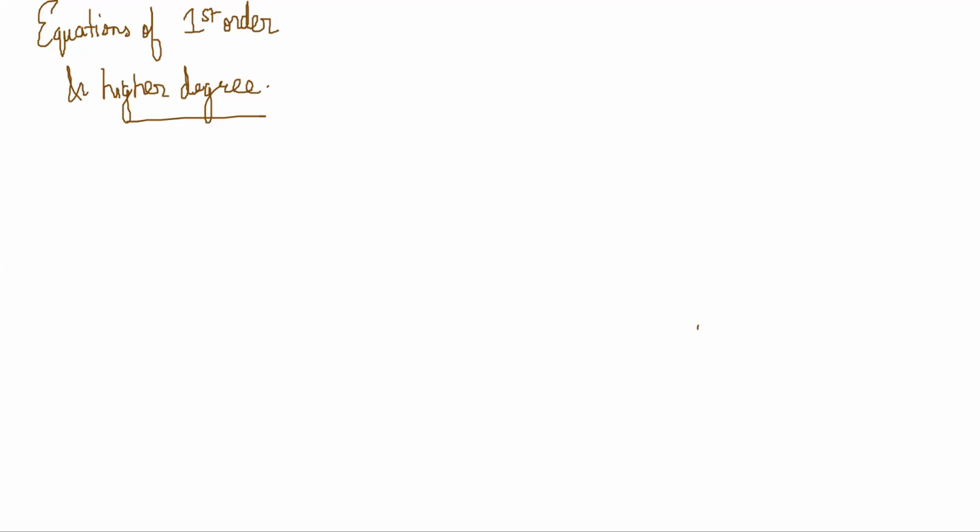So p square could come, p cube could come, and so on, right? So we will say dy by dx is p. So the equation will be of the form f of x, y, and p is equal to 0, right? It could be some complicated looking expression which has x, y, and dy by dx, right? And this is the equation.